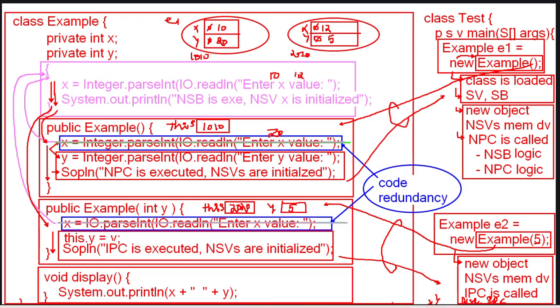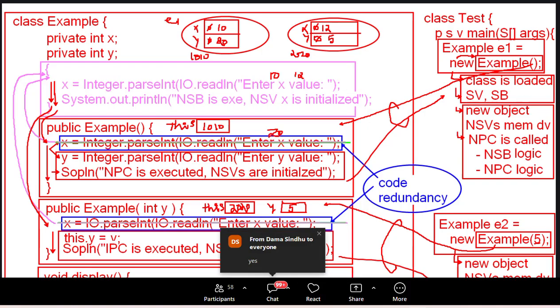If I create 10 objects, 10 times non-static variables memory is allocated. If I create 10 objects by using any constructor available in the class, is the non-static block executed 10 times?